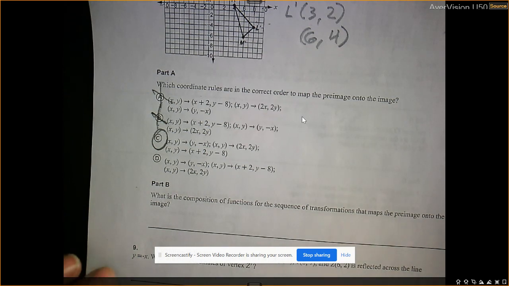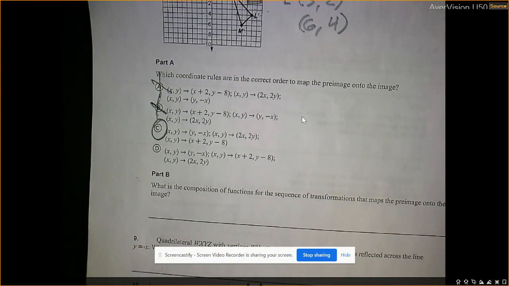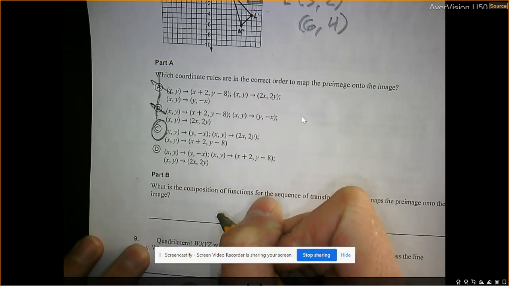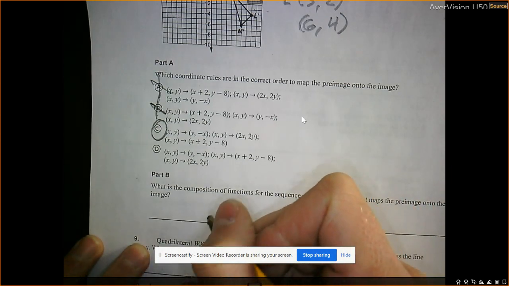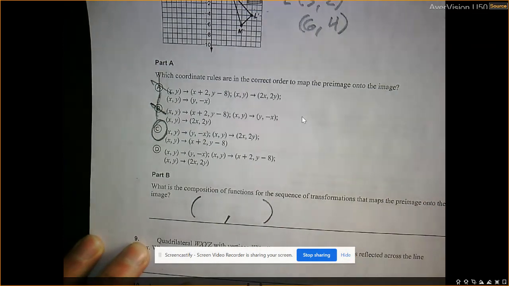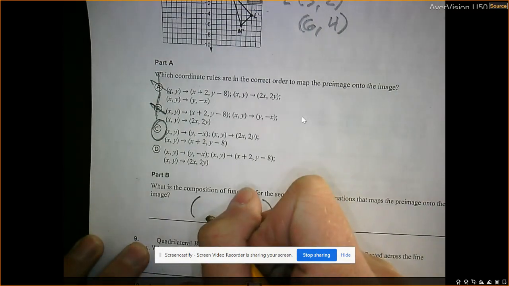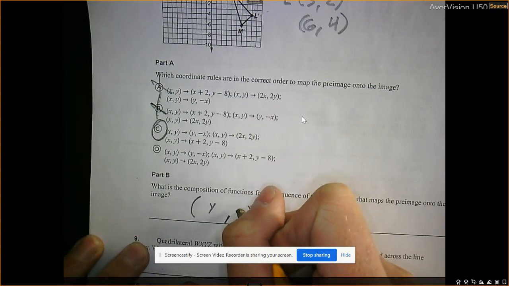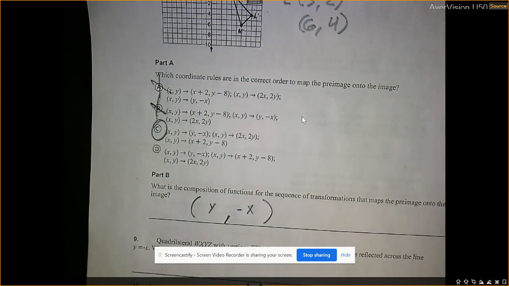Okay, and then it's asking, well, what is the composition of functions, or for the sequence of transformations that maps the preimage onto the image, basically saying, okay, well, what is all happening to it? And if C is the correct answer, well, first we're rotating it. So the first thing we're doing is we're changing the y and the x, and we're changing the sign on the x.